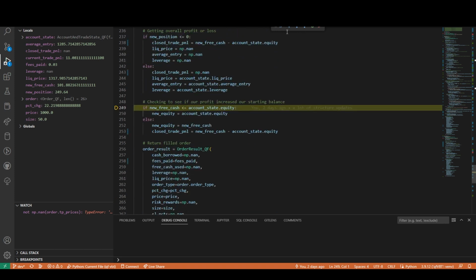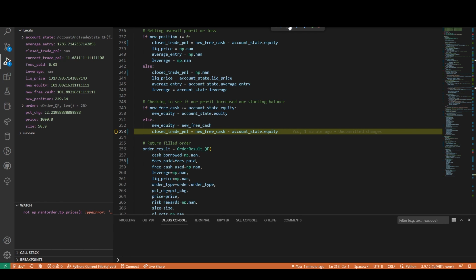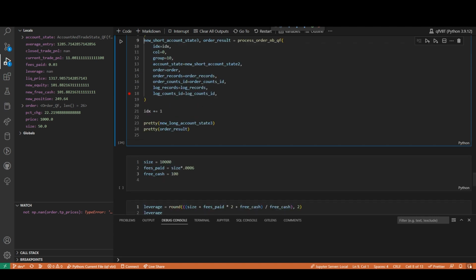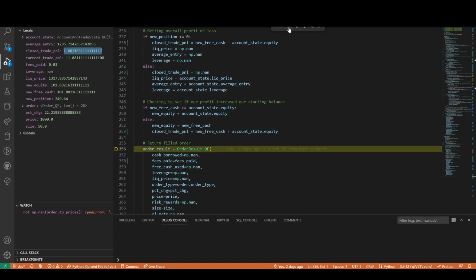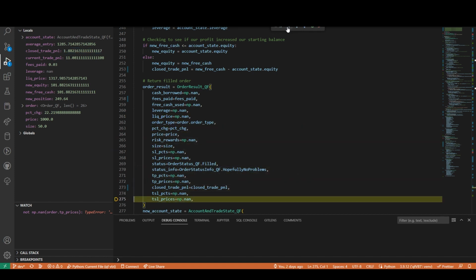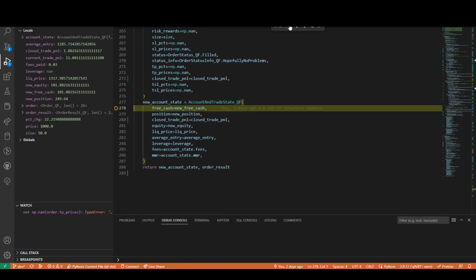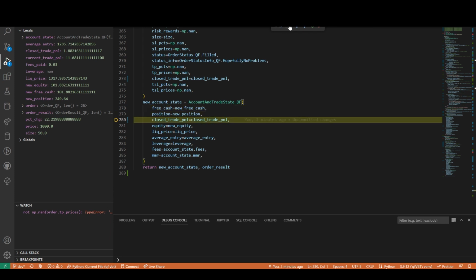Okay. $101. I'm not getting any of this, right? So that's showing up in my order. So is something happening with the account state? Free cash is new free cash. Position.